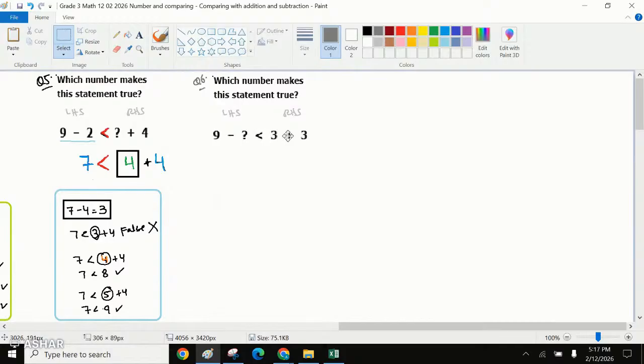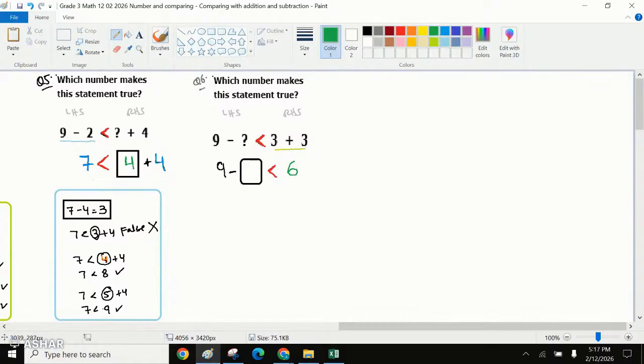If this was a statement that is given to us, can we write this as 9 minus a number that should be less than 3 plus 3, which is 6?